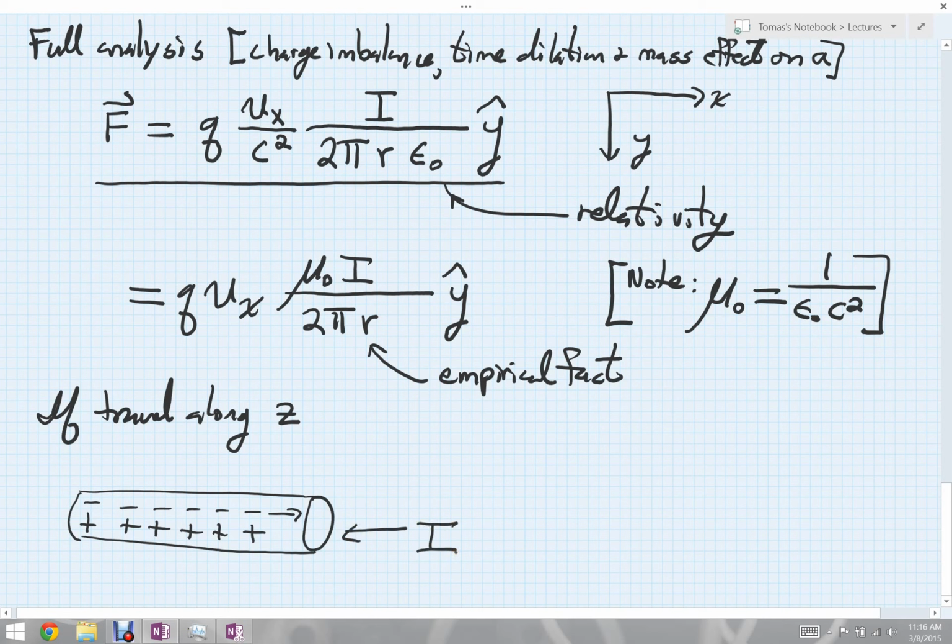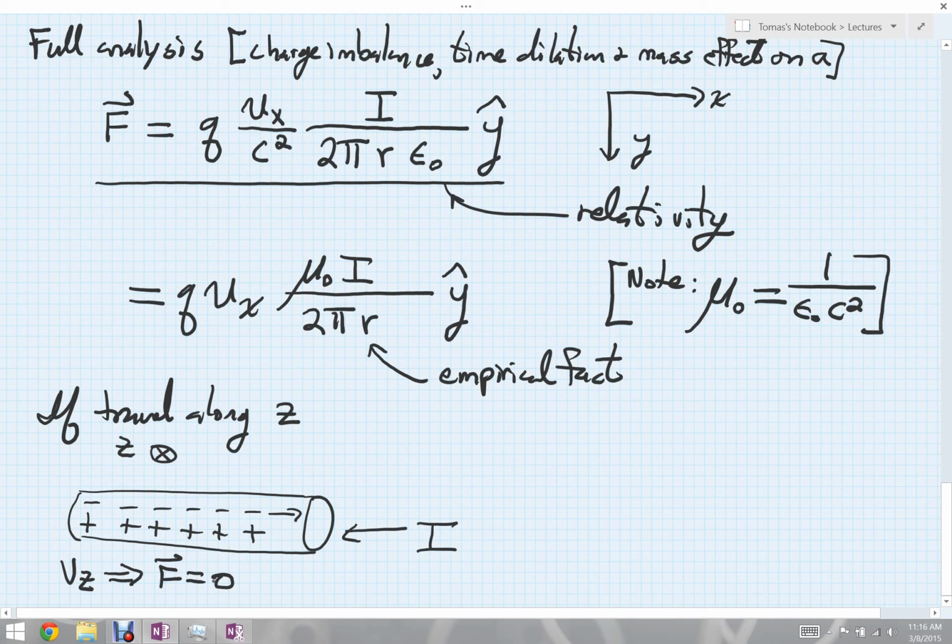And if I make my particle move in the z direction, which is inward, right? If I have x and y, and I set up a right-hand coordinate system by the right-hand rule, z would have to be in the inward direction. So if my particle is traveling along the z direction, what I find in that case is that, in fact, if the velocity is in z, the force that I get from this ends up just being 0.